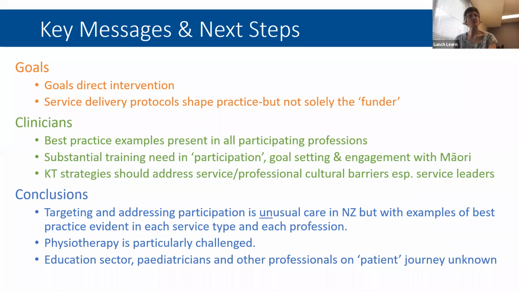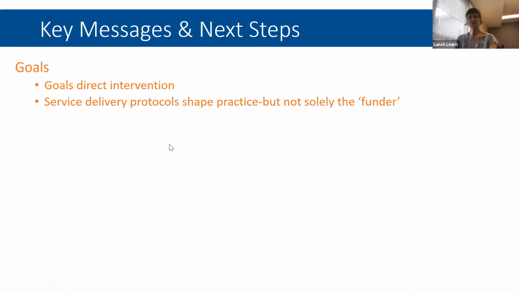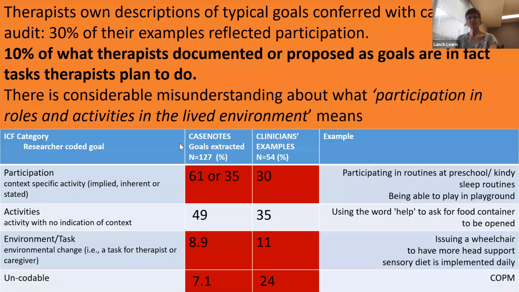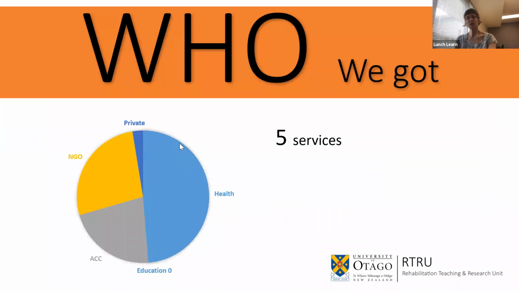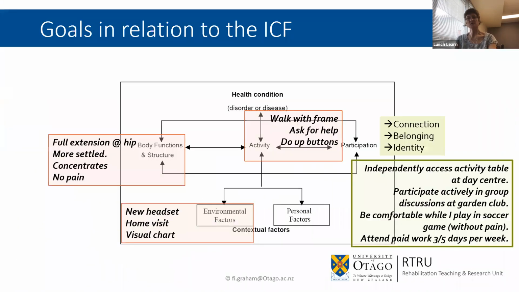I'm also sorry, this is just a separate question. I've been thinking here that your first slide talked about the ICF and that body structure, function, activity, participation, environmental factors, and that thinking of being part of a multidisciplinary team and other people in the team working, maybe focusing on different specific goals with a family.